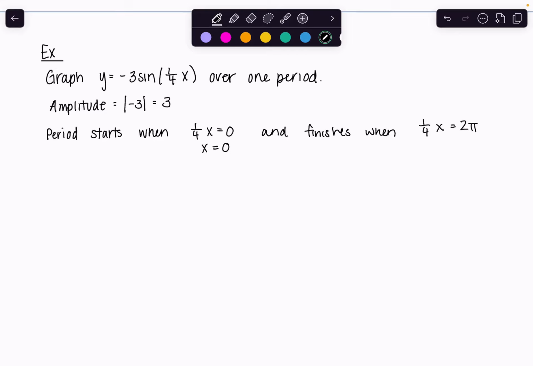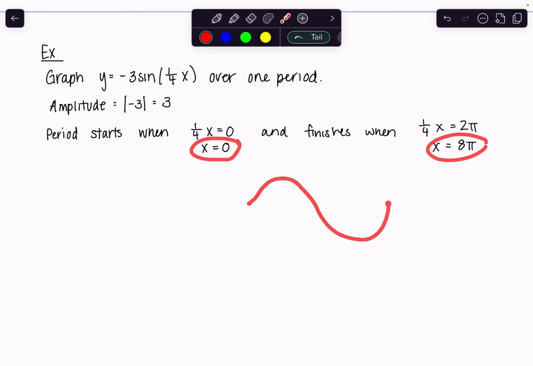Your period still starts at 0, and it will finish at 8 pi. So we can go ahead and graph the function over 0 to 8 pi, and that will make one full sine curve. This 3 bumps it, so it's tracked between -3 and +3.